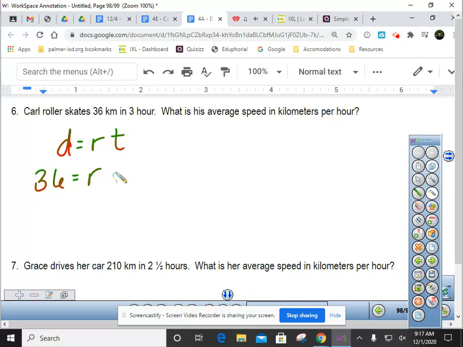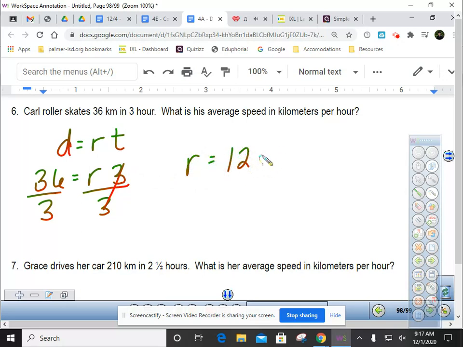What's the time? 3 hours. What do you do? Divide by 3. 12 what? Kilometers per hour. It's the rate. That's the per one.